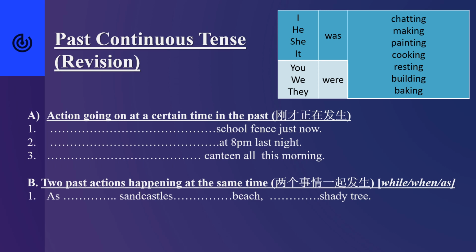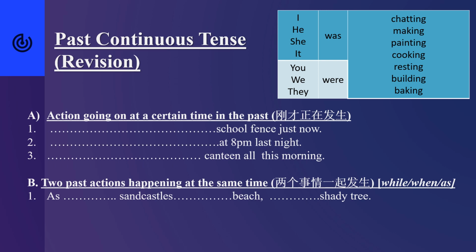Number 1. Listen to me and write out the sentence. I use the word as. As 是当。当那些孩子正在沙滩建沙堡，他们的父母亲正在树底下休息。Quite a long sentence. Two actions happening at the same time. You remember the word sand castles, 就是沙堡, and building, was building.